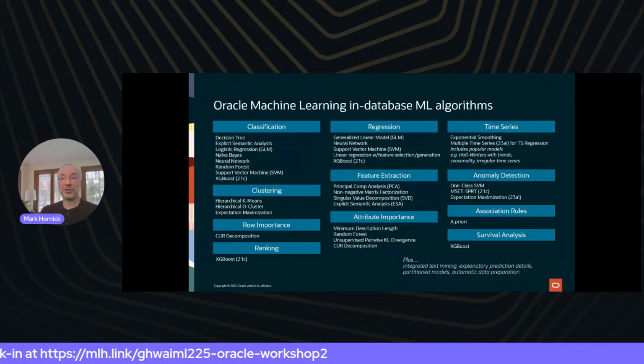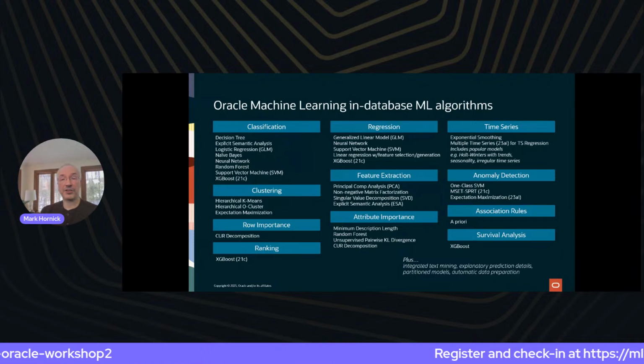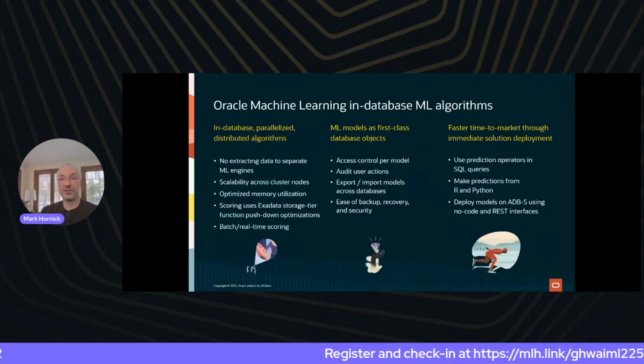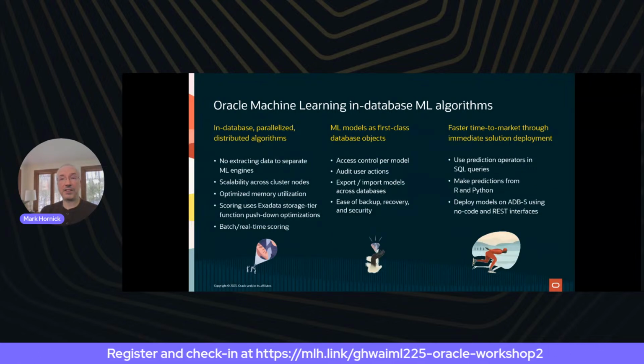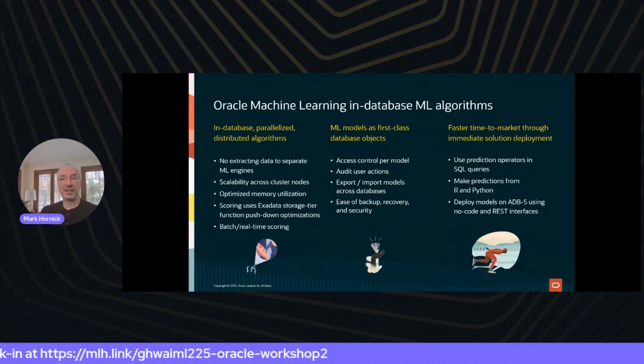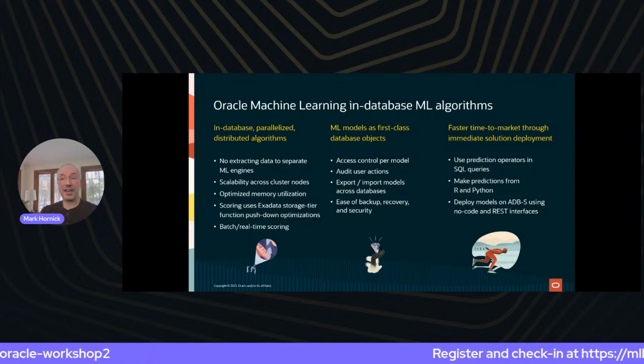But what makes these algorithms different from those that you can get from open source packages or other vendors? It's a good question. Well, there are a few differentiators. In-database parallelized algorithms. Well, that means that there's no need to extract data to separate machine learning engines, which can be time-consuming and affect performance and data security.